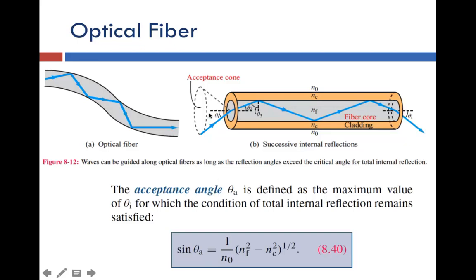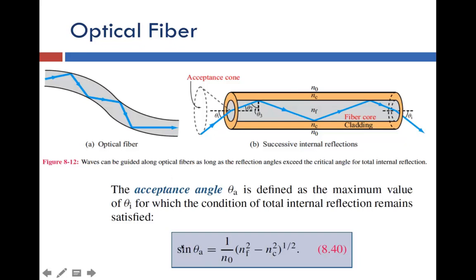So the acceptance angle is the maximum value of theta incident for which the condition of total internal reflection remains satisfied. And basically the sine of theta acceptance is 1 over n naught times the square root of the fiber index of refraction minus the cladding index of refraction, each squared.